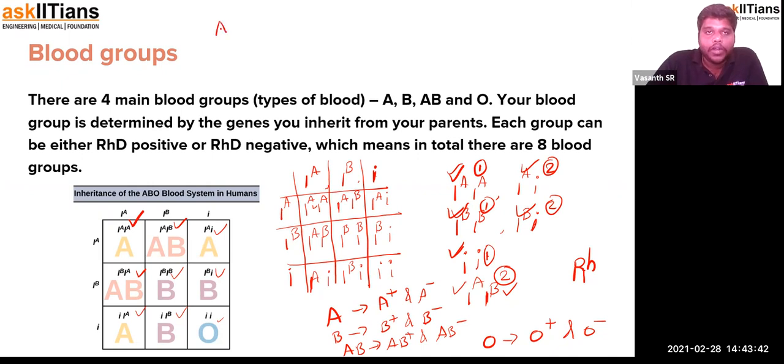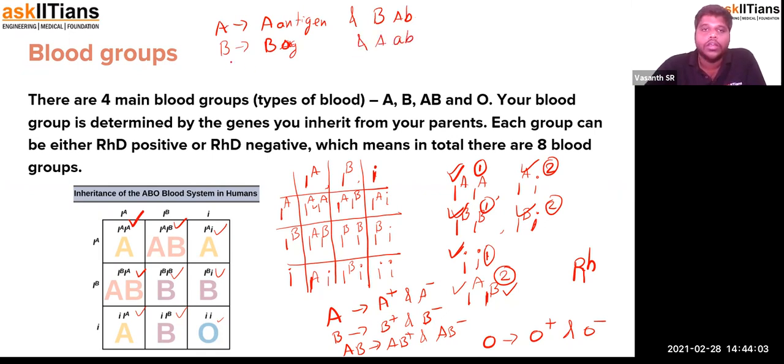So when you say A blood group, it will have A antigen and B antibody, and B blood group will have B antigen and A antibody, and O blood group will not have any antigen, but will have both A and B antibody.